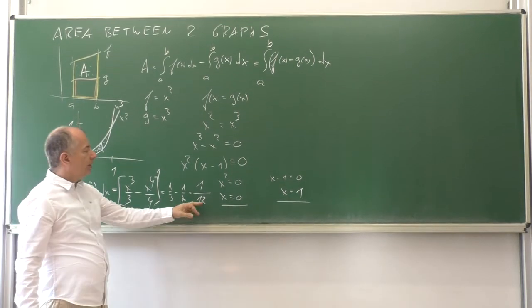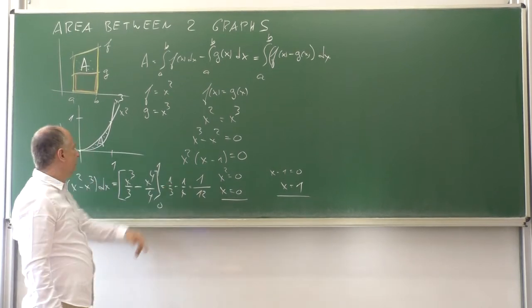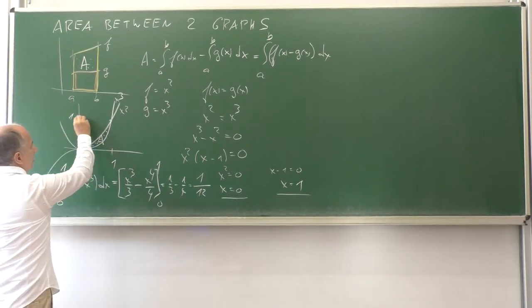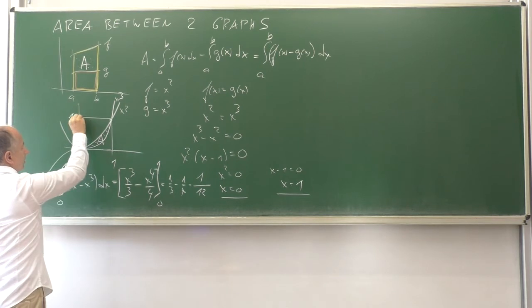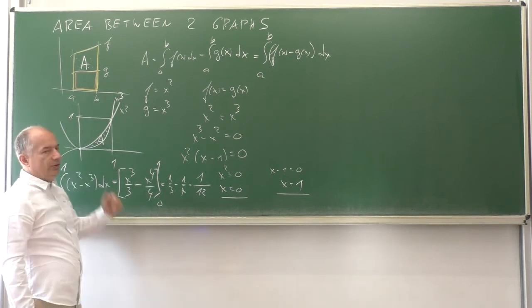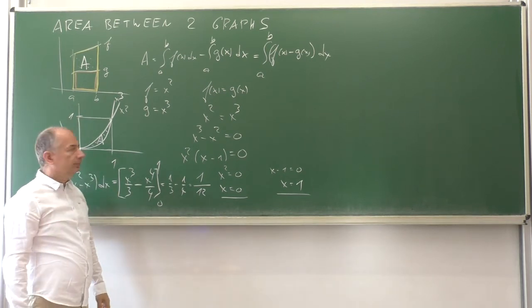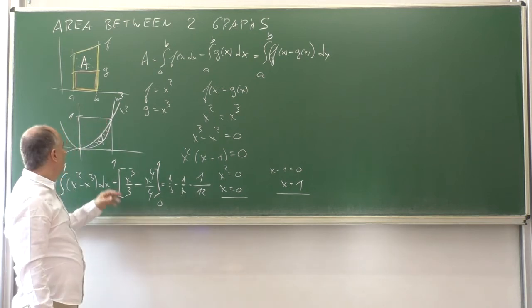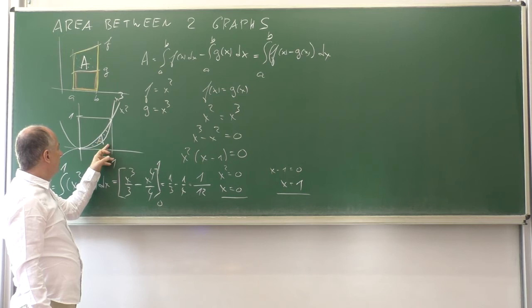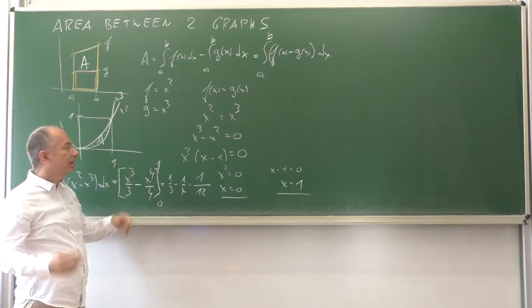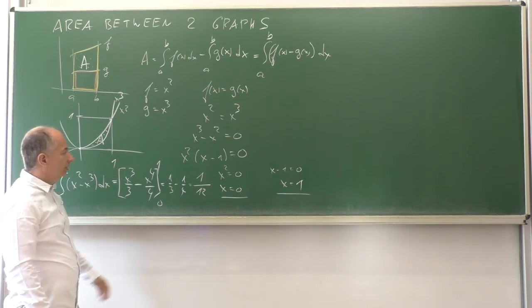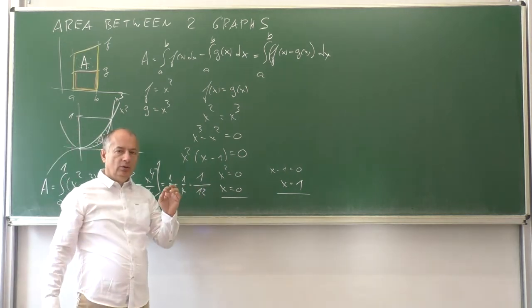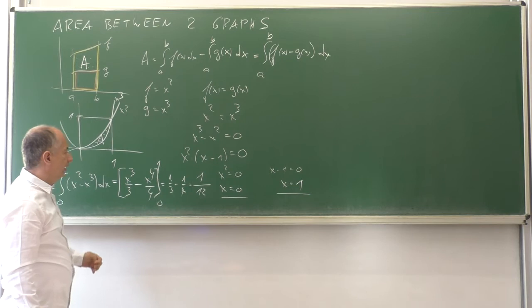Once again, it's a good idea to check this result roughly. This area is definitely bounded by this square, which has area 1. Half of the square has area 1/2, but some points are missing here, so this moon-like region has a small positive area.